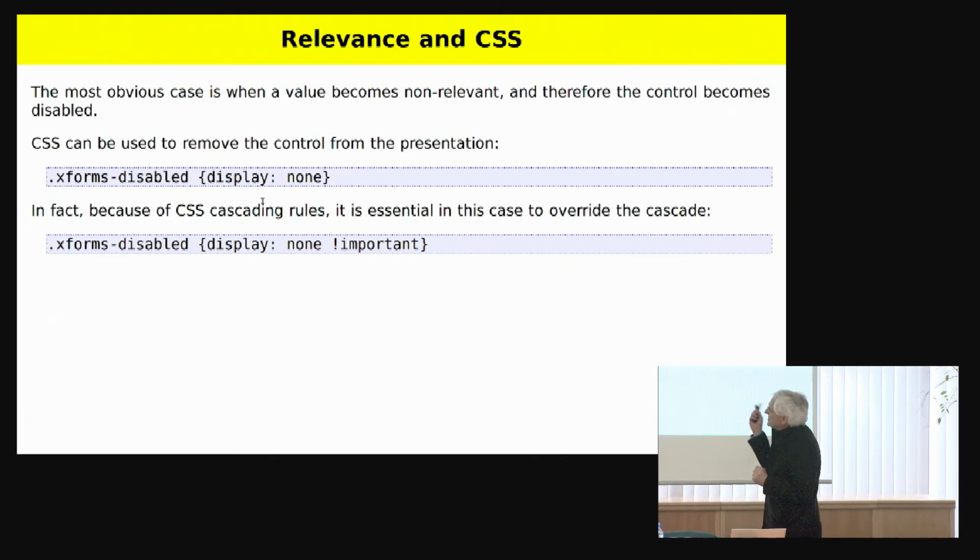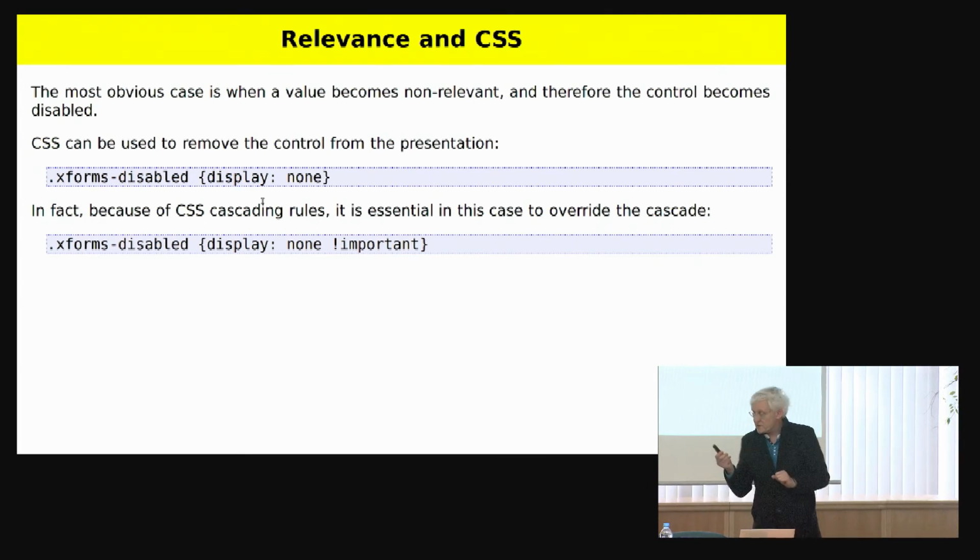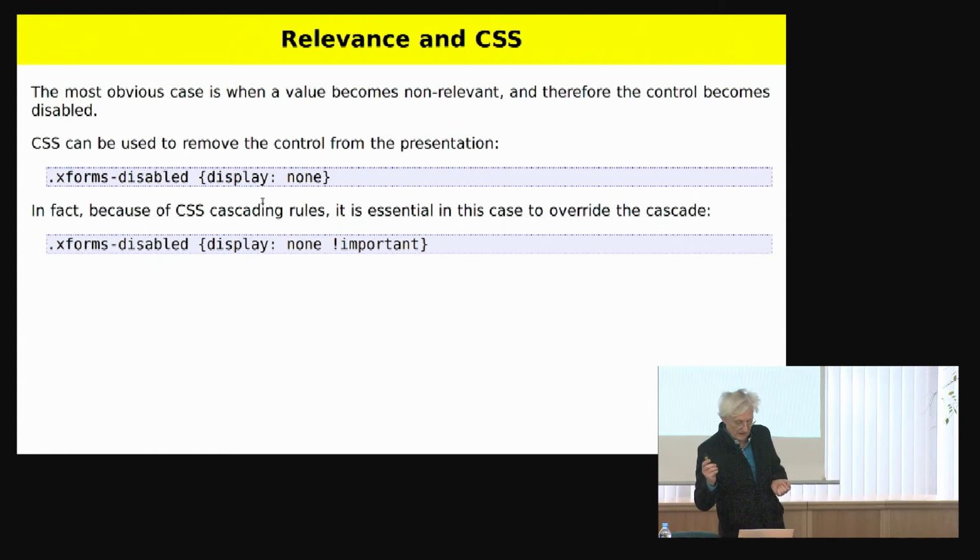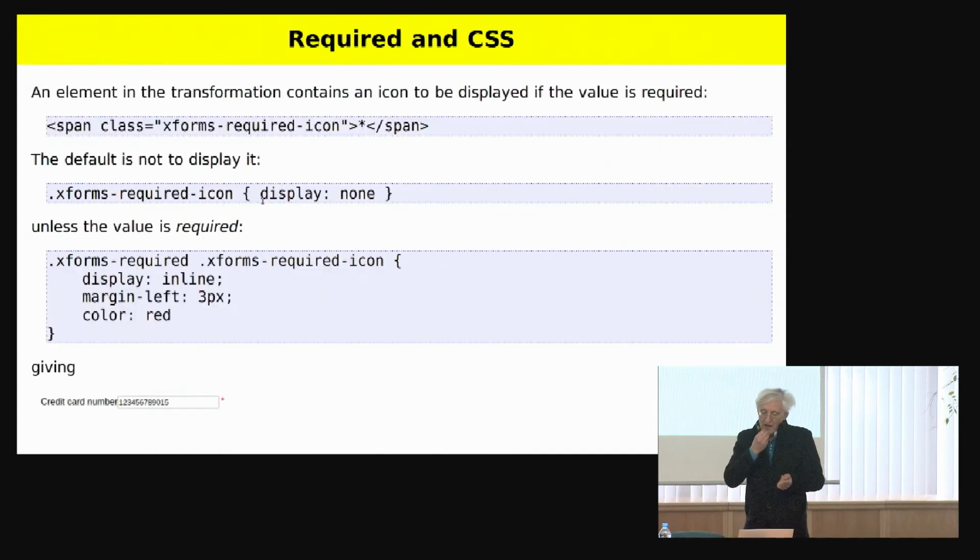So you could just use CSS to make the controls disappear when they're no longer relevant. In fact, because of the CSS cascading rules, you should use important on that to make sure that it always does really disappear. So the transformation contains an element for when the value is required.